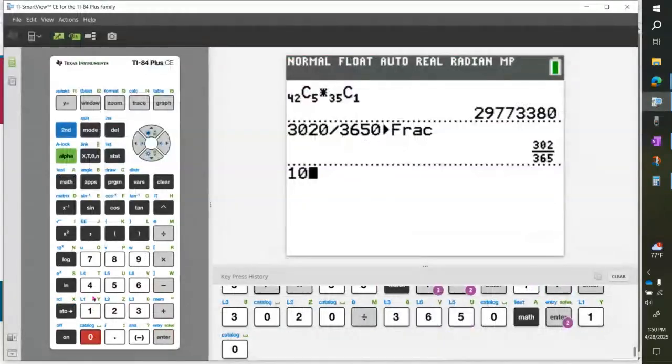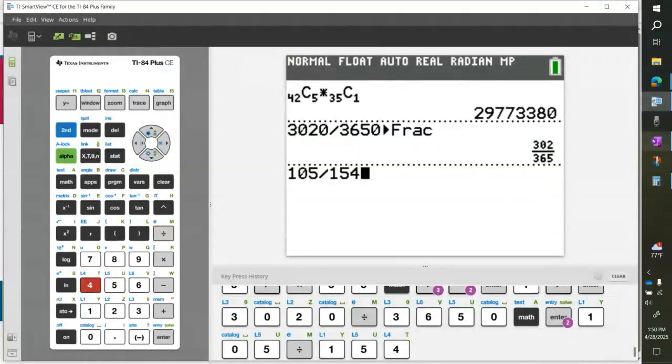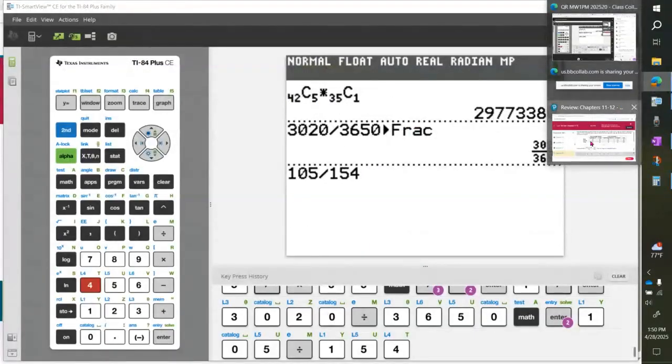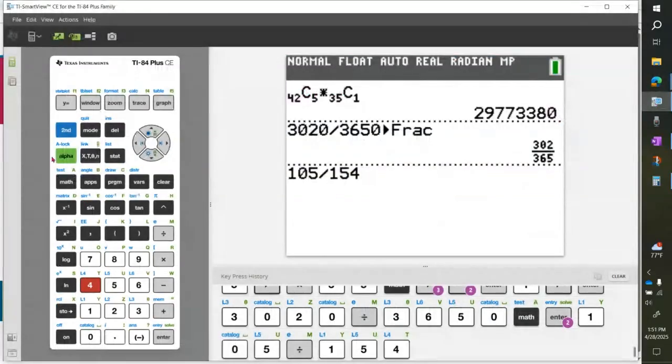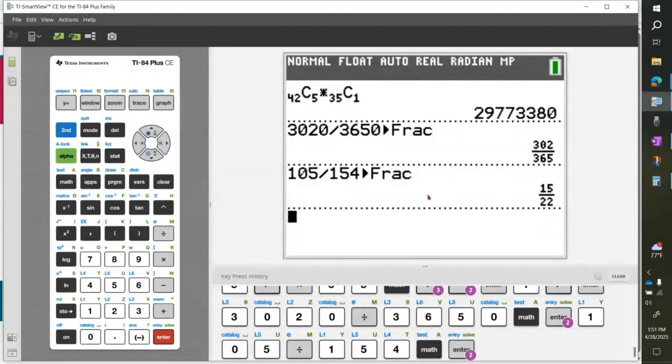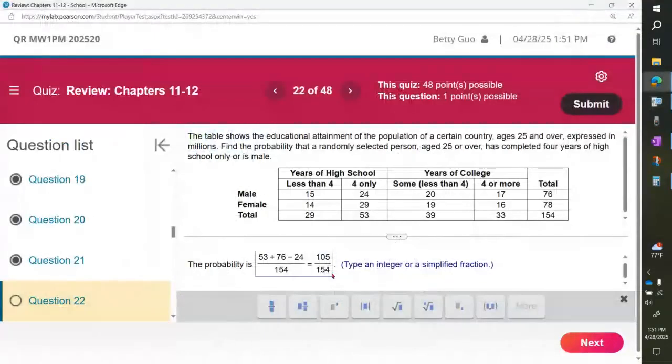Okay, 105 divided by 154. Let me double check the entry. It's here. 105, 154. Okay, and then go to math, fraction. Simplify, the result is 15 over 22. 15 over 22.